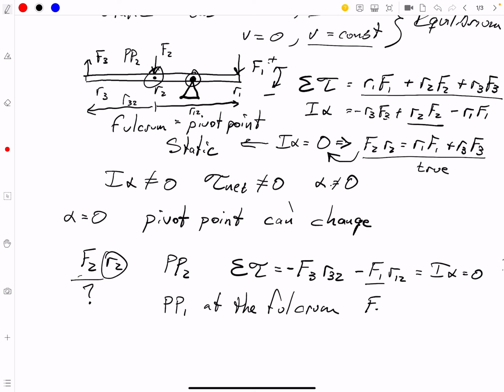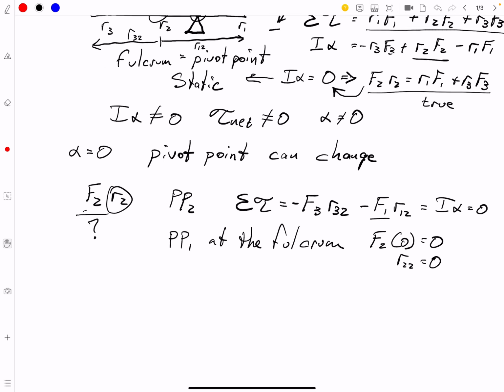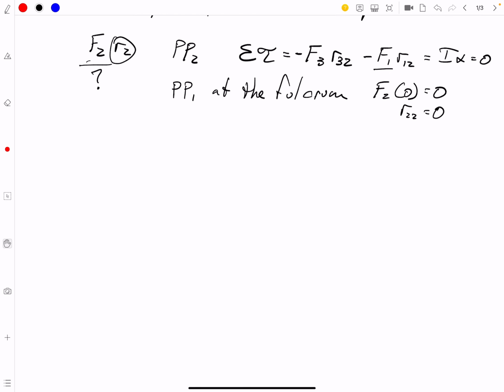Because F2 times 0 equals 0, because we've placed the fulcrum at 0. So R22 is equal to 0. So that's why it doesn't show up in our sum of the torques. All right.